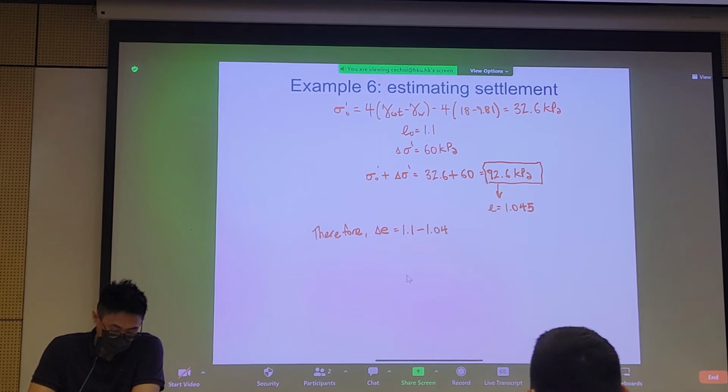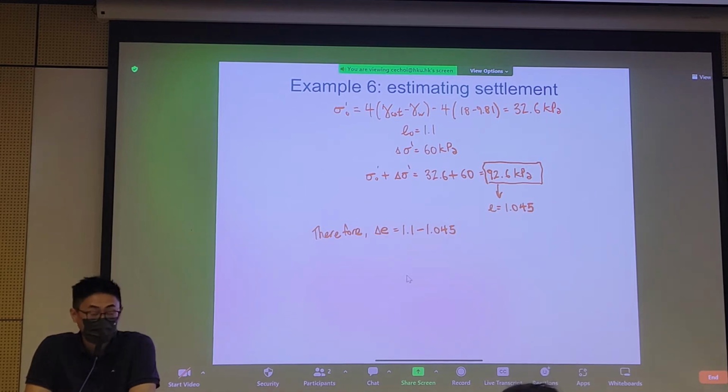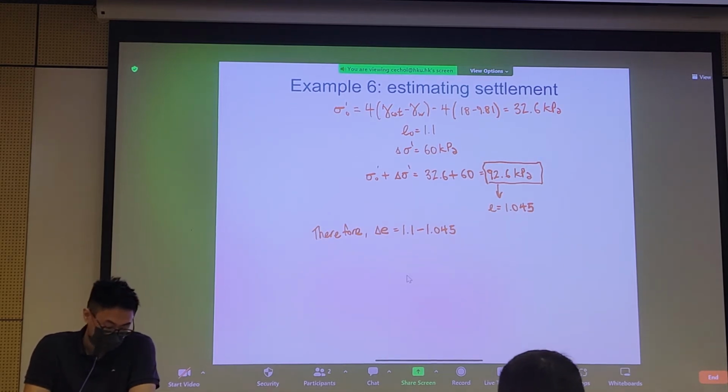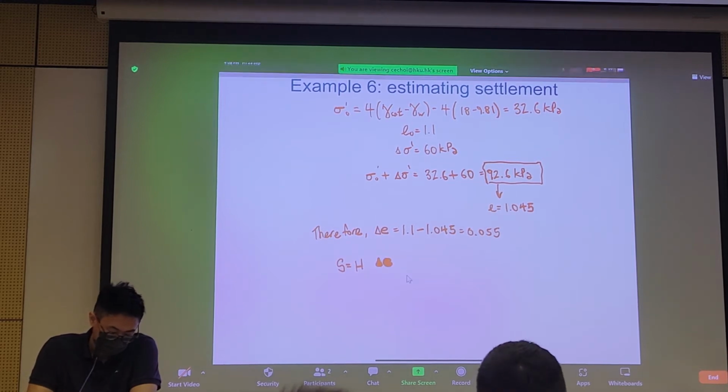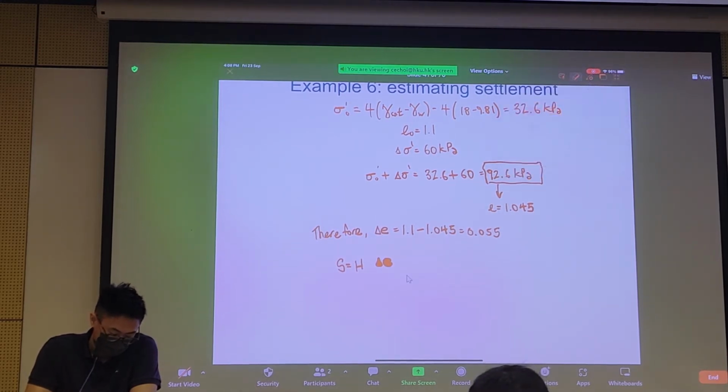we know the initial void ratio is 1.1, and we know that the new void ratio, due to applied loading of our surcharge load of 60 kPa, is the difference between the initial and that. So delta void ratio is about 0.055. And if you know your delta void ratio, then it becomes trivial to calculate your settlement.